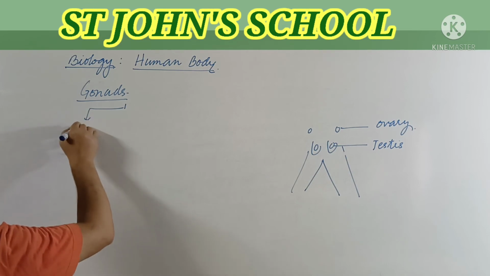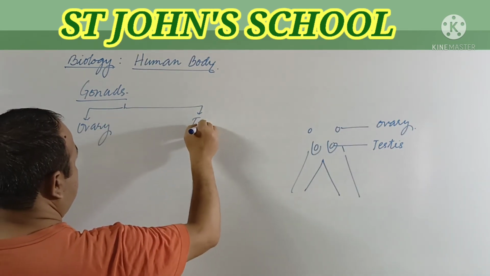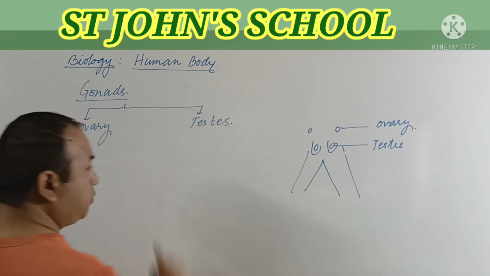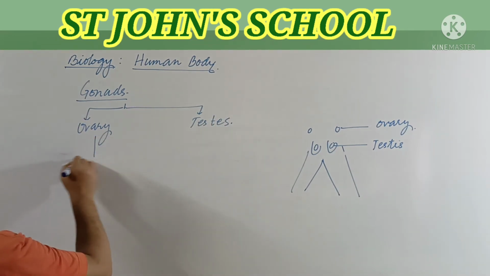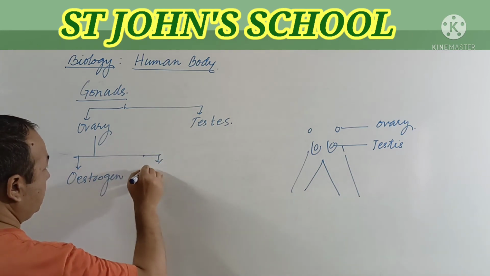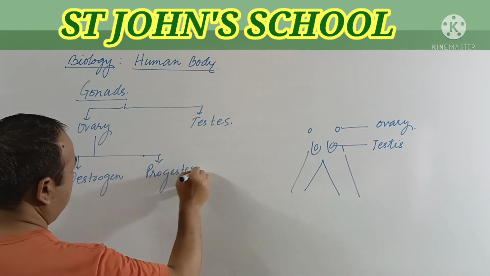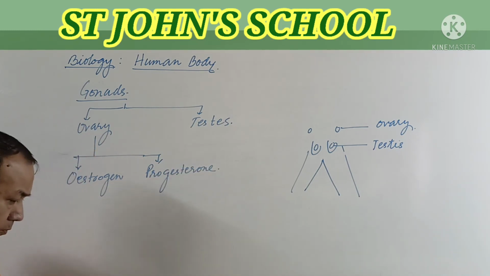The ovary releases two different types of hormones: estrogen, which is the female hormone, released only in the female, and then progesterone.